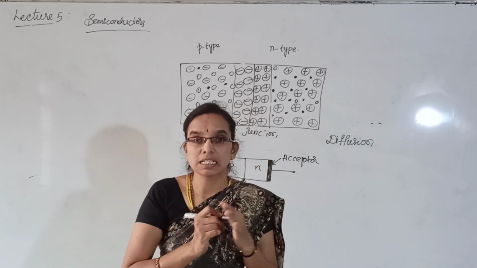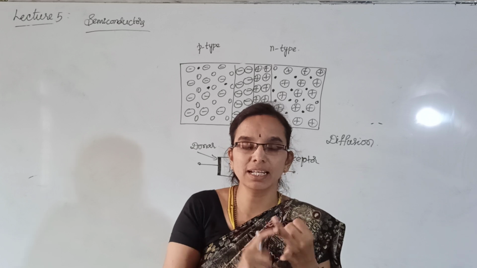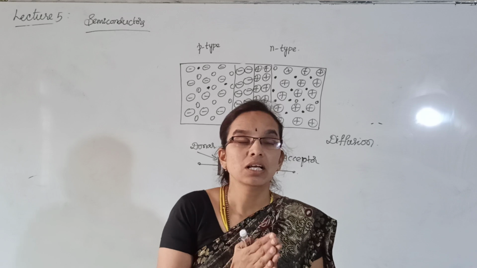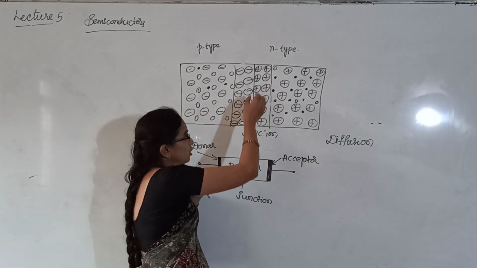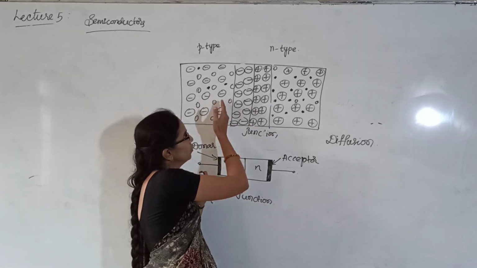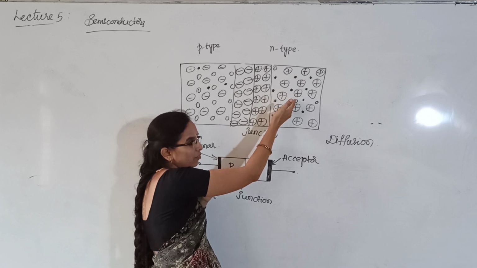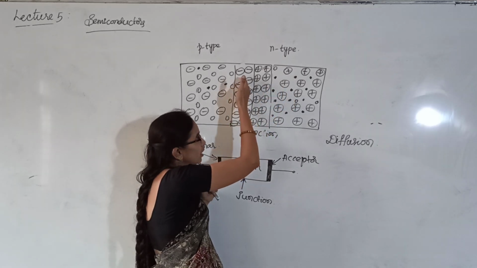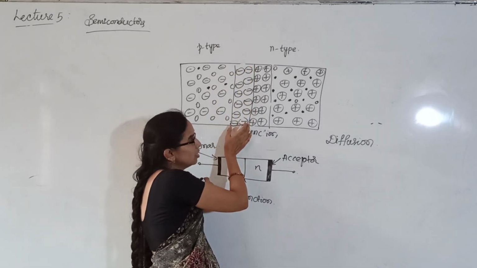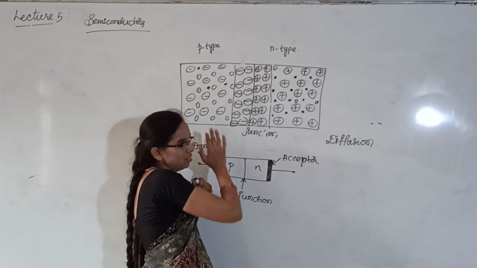In the same way with charges, holes attract electrons, and like charges repel. So the positive ions do not allow the holes to cross this junction and recombine with the electrons, and the negative ions here do not allow these electrons to cross the junction.